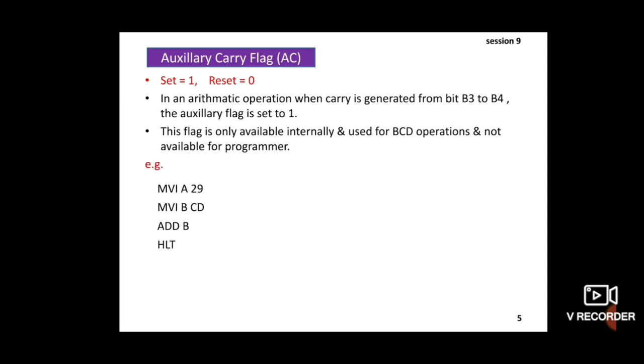See once again: MVI A 29 means move immediate 29 data into the accumulator, where A means accumulator. MVI B CD means CD data is stored in the B register. And last, ADD B means addition of the accumulator plus the B register, and the result is stored in the accumulator.